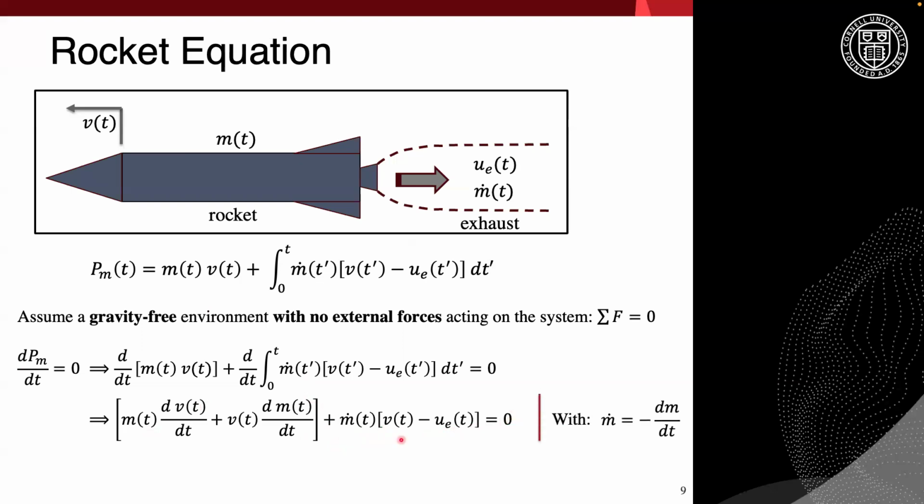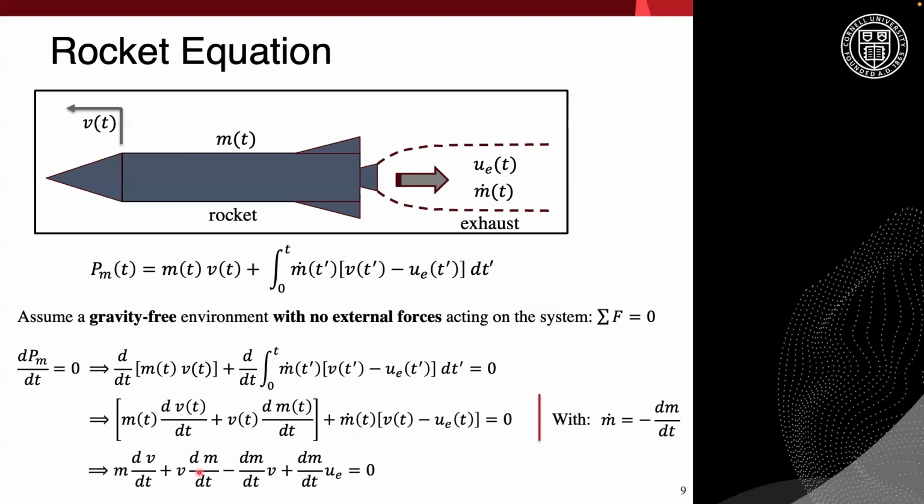And then we notice that m dot, which is the mass flow rate of the exhaust gas, is equal to minus dm over dt. So dm over dt is the rate of decrease of the mass of the rocket, and m dot is the mass flow rate of the exhaust gas. And they have the same magnitude. And this minus sign is because dm/dt is negative and m dot is positive. So now we will replace m dot by minus dm/dt, and we will obtain this.